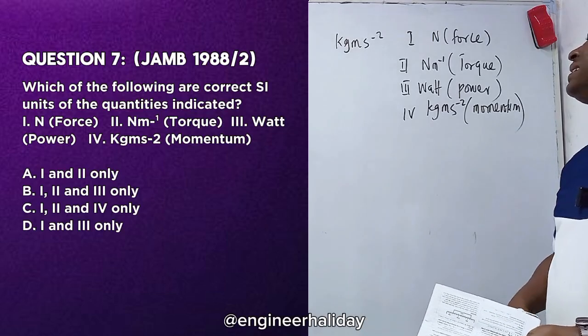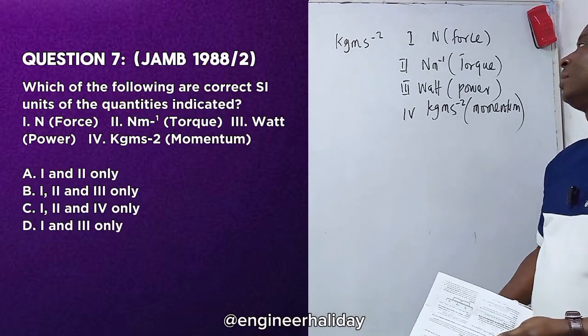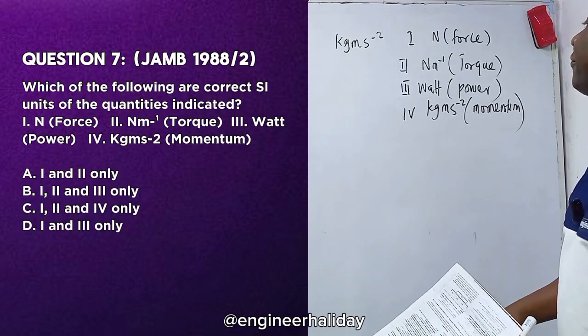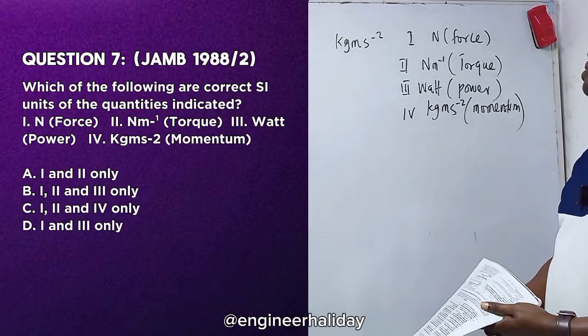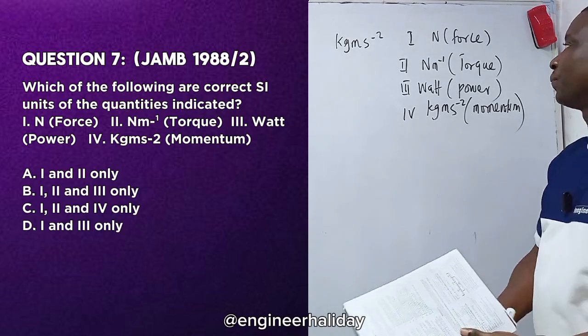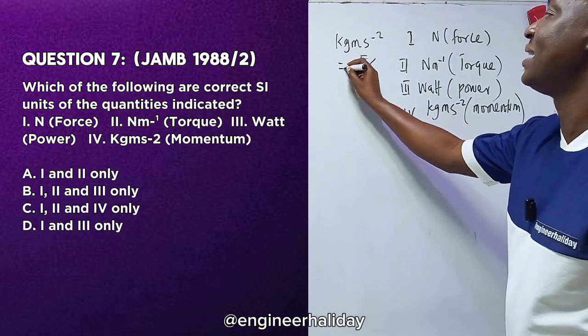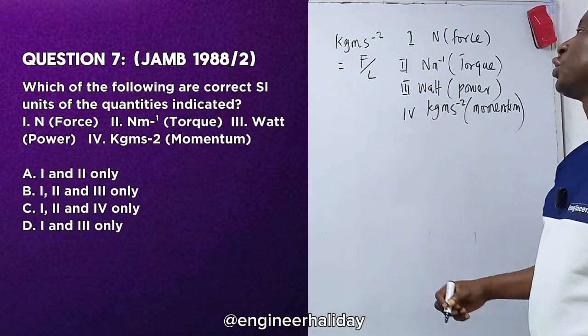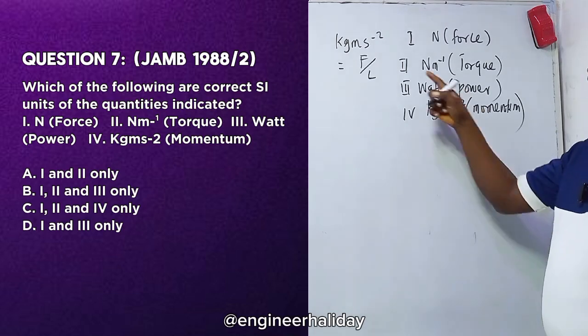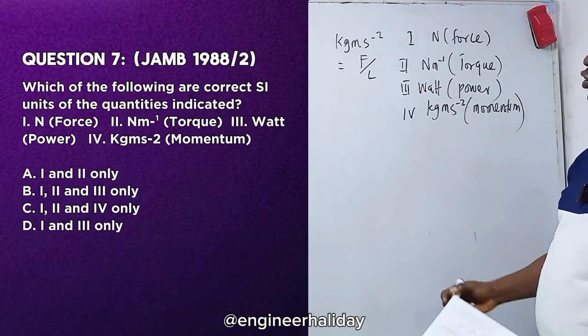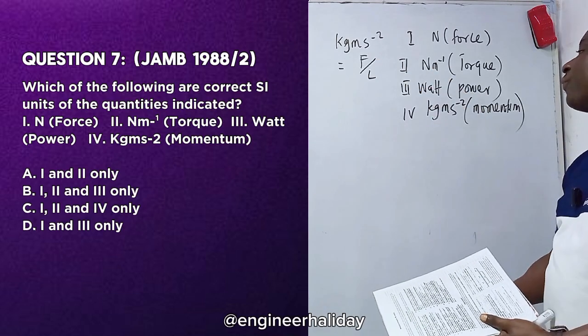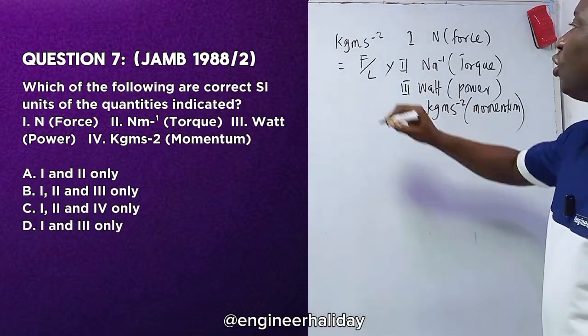Newton per meter is what we call force constant, or the force gradient, or surface tension, which is force over length or force over extension. Force over extension is force constant from Hooke's law. The force over length is for surface tension. So this one is wrong.